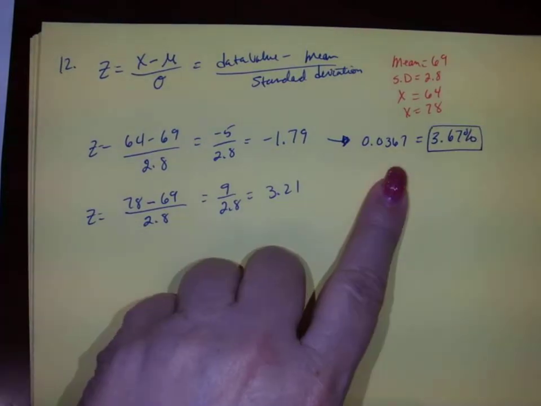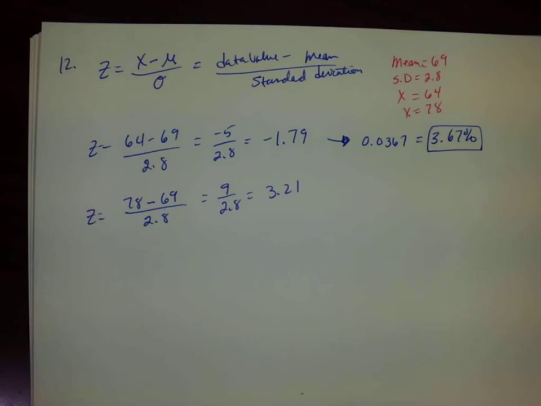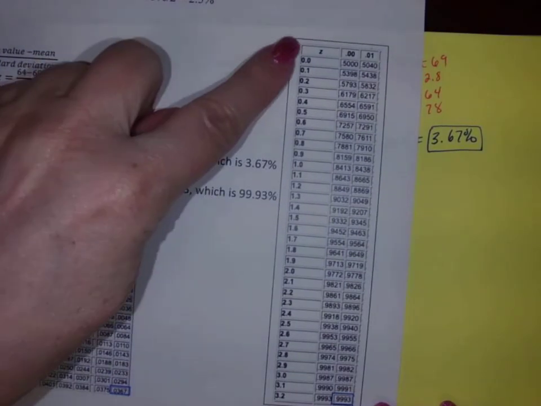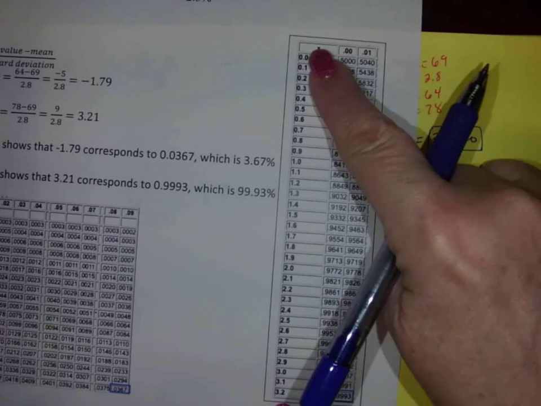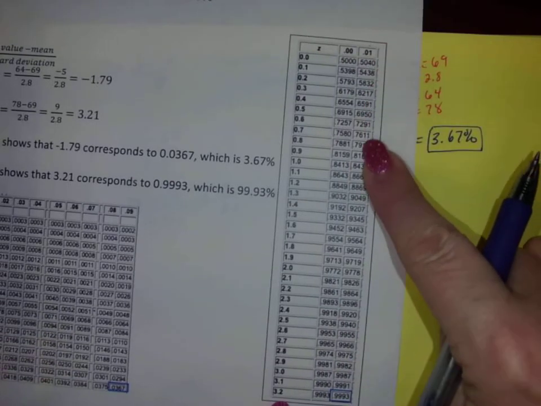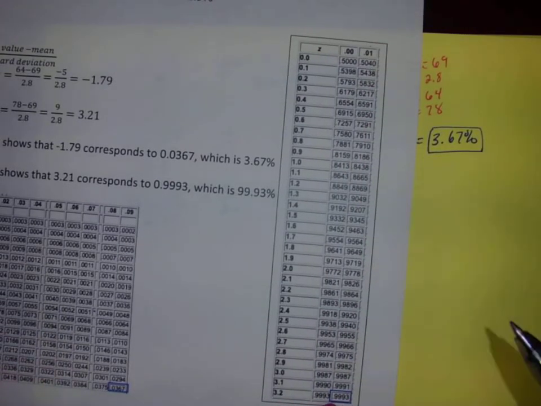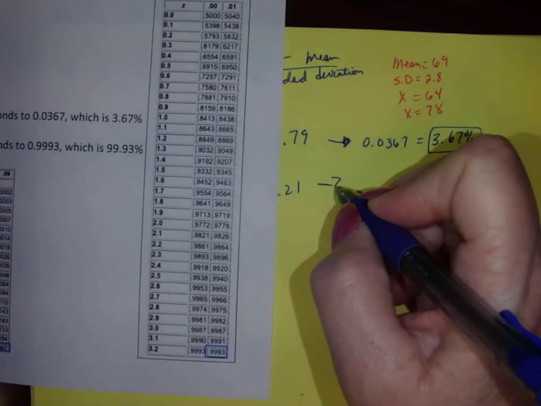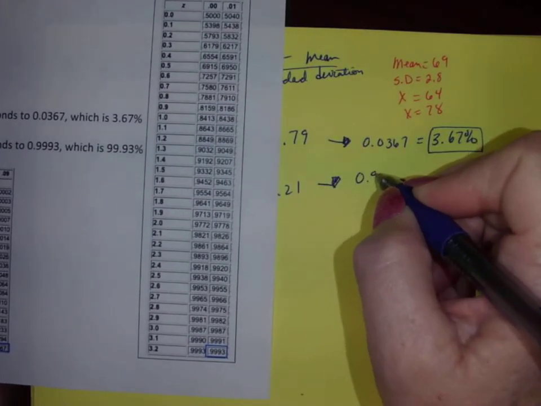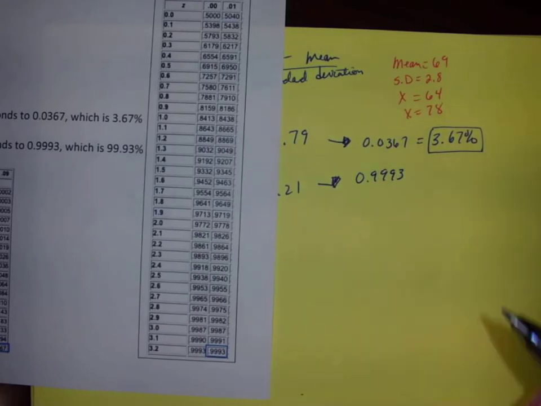Okay? And then the next one is 3.21, so we're going to come down to 3.2 and over to the 0.01 and come down where they meet, and we get a 0.9993 right there. So this one becomes 0.9993.